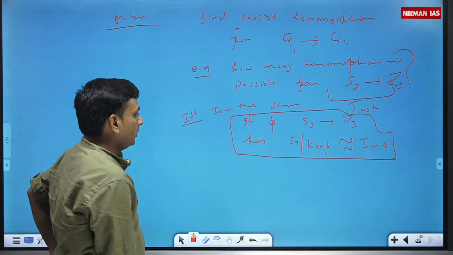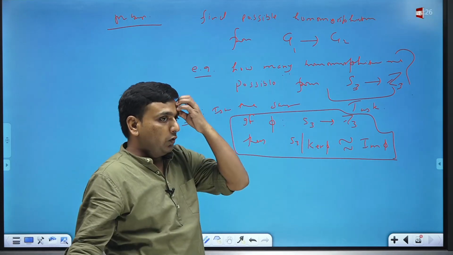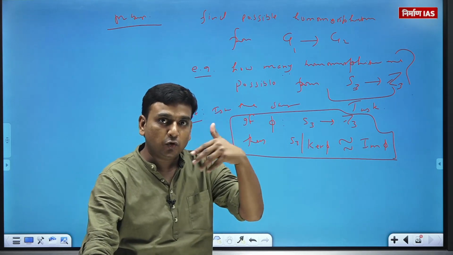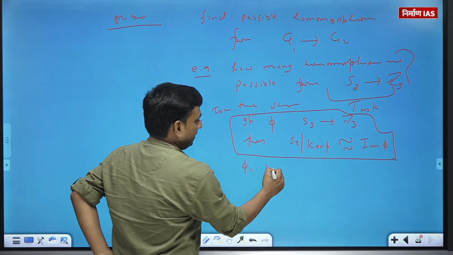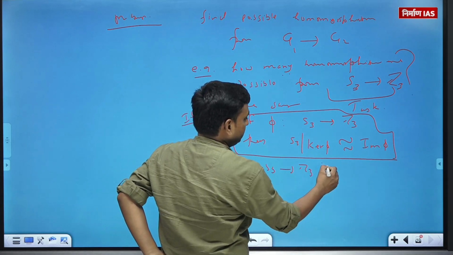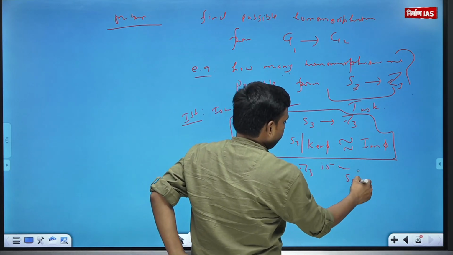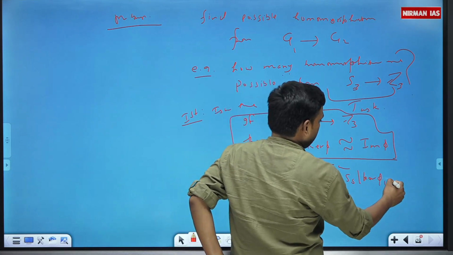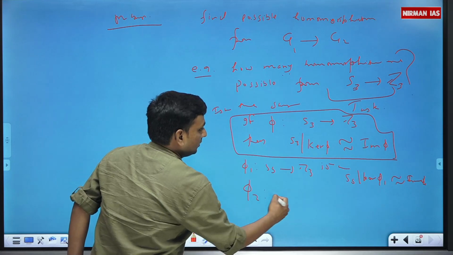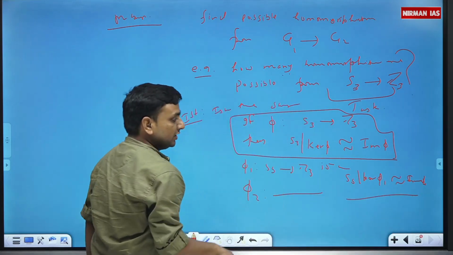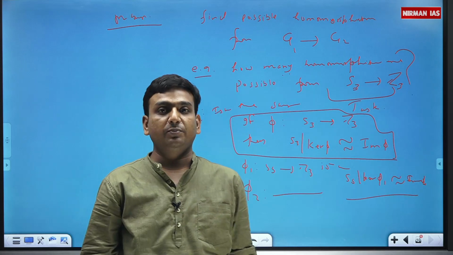Now, if I wish to know what those possible images are, let's say phi 1 from S3 to Z3 is a homomorphism, then S3 mod kernel phi 1 will be isomorphic to image phi 1. Another phi 2, then S3 mod kernel phi 2 is isomorphic to image phi 2.